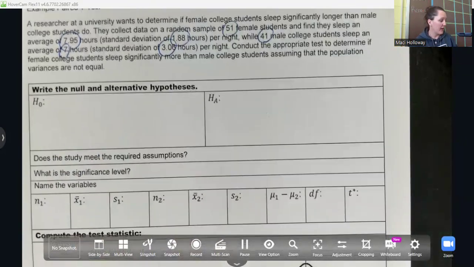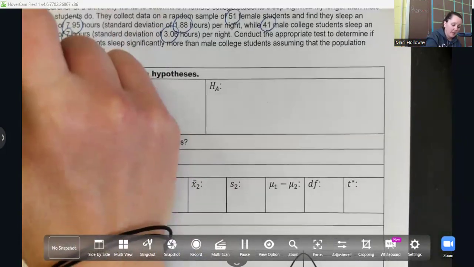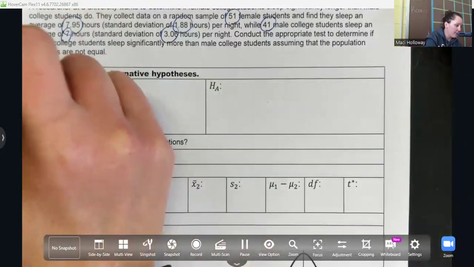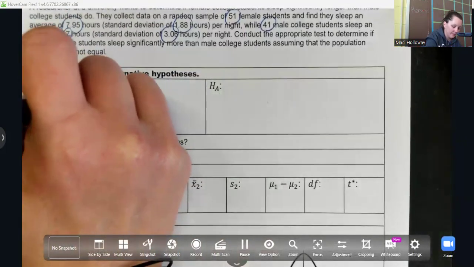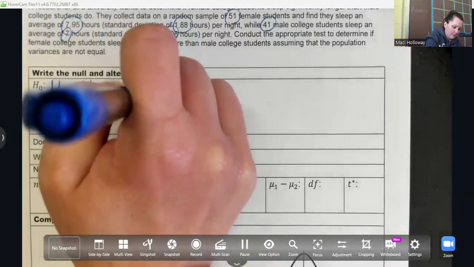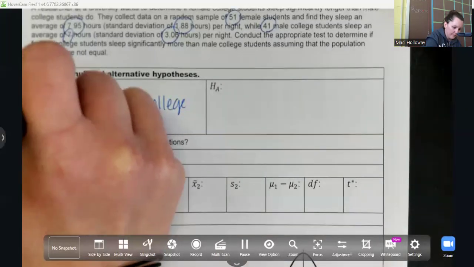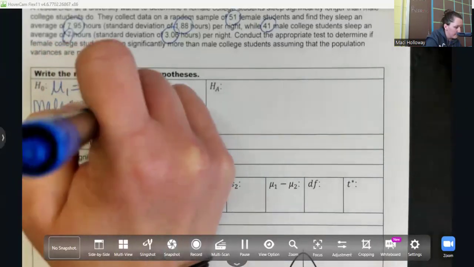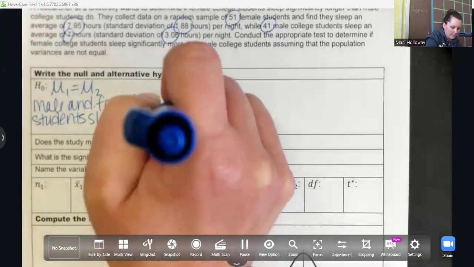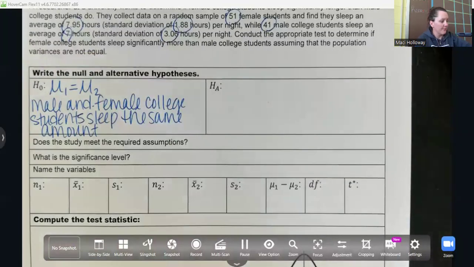So let's write our null hypothesis. Our null hypothesis is that the averages would be equal, right? So that would mean that male and female college students sleep the same amount on average.